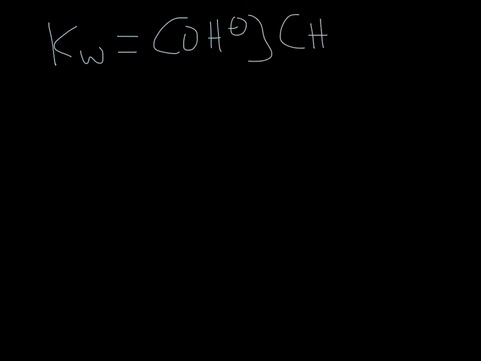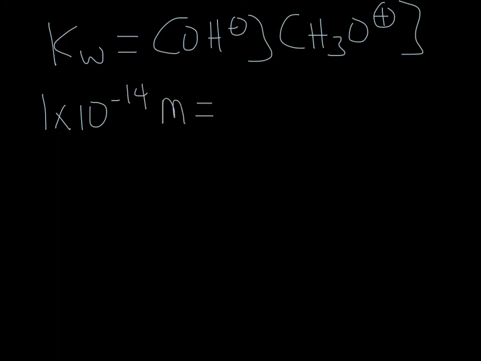The other way that I could have done it is to use Kw. If you remember, Kw is equal to the concentration of OH minus times the concentration of H3O plus, or H plus. We've been using those synonymously. Kw is 1 times 10 to the negative 14.